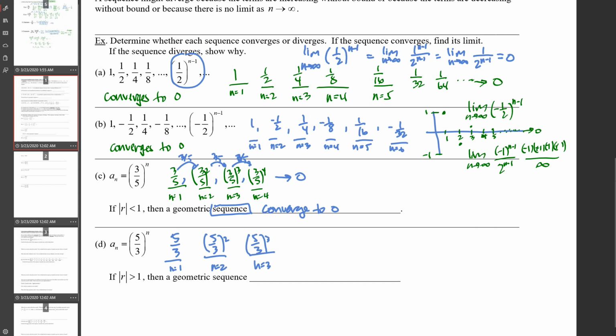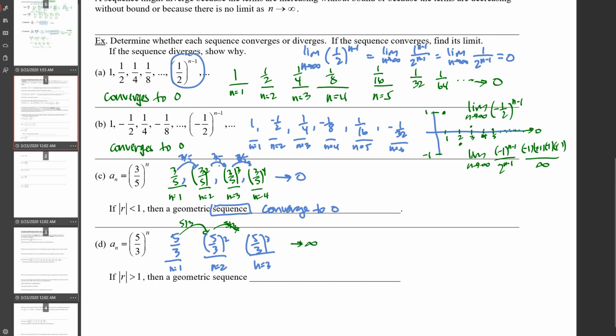And what I'm doing each time is I'm actually multiplying by 5/3. But 5/3 is a number greater than 1. So I'm multiplying by a number greater than 1 each time. So if this makes any sense, I'm going to get bigger and bigger and bigger, okay? So this thing is actually going to approach infinity.